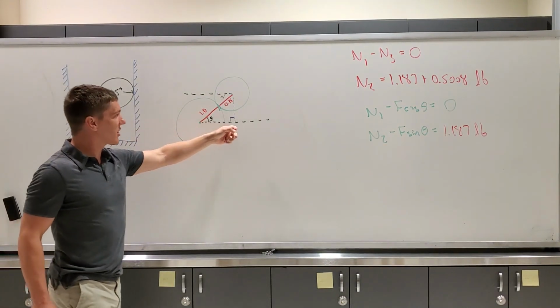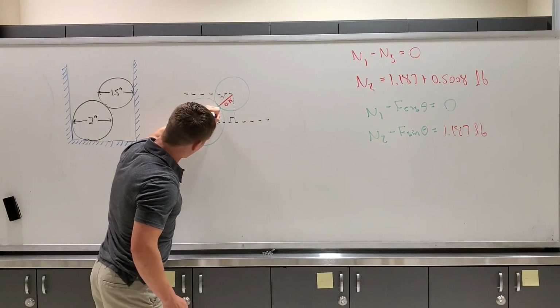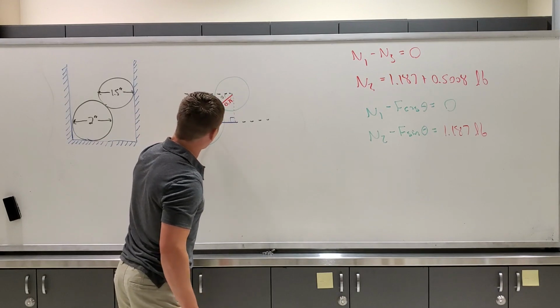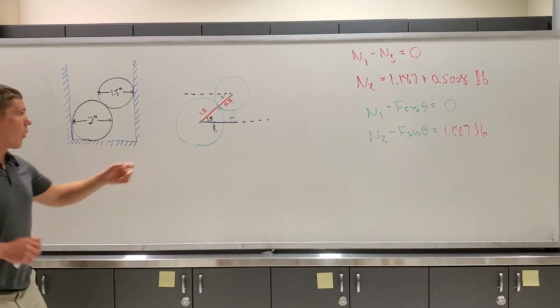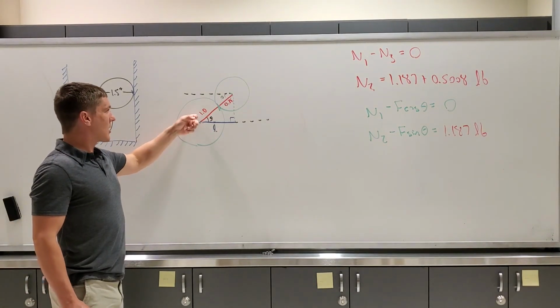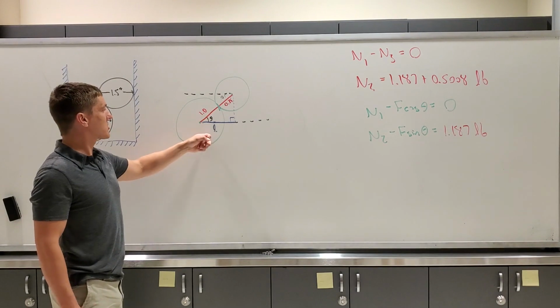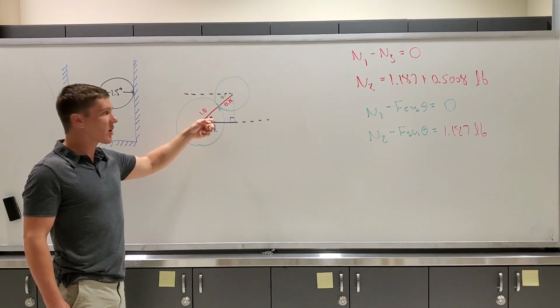The easiest one to determine ends up being this length right here, which I'm going to call length L. And if I determine what L is, then the cosine inverse of the adjacent over the hypotenuse, so the cosine inverse of L over 1.75, will give me what theta is.